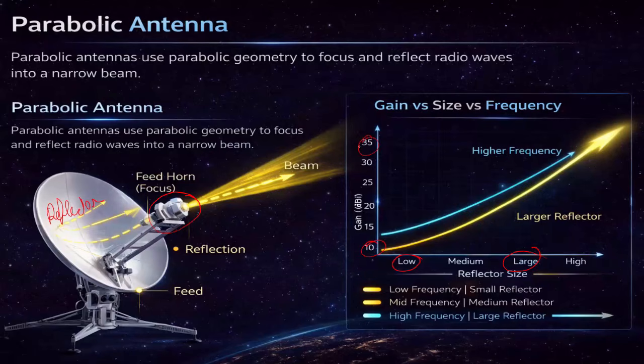So low frequency, smaller reflector; mid frequency, medium reflector; and high frequency, large reflector. You have to keep these things in mind when designing a parabolic antenna for NTN networks. In short, parabolic antennas use geometry to focus radio waves into a narrow beam. This enables high gain and long distance communication, making them essential for satellite communication.